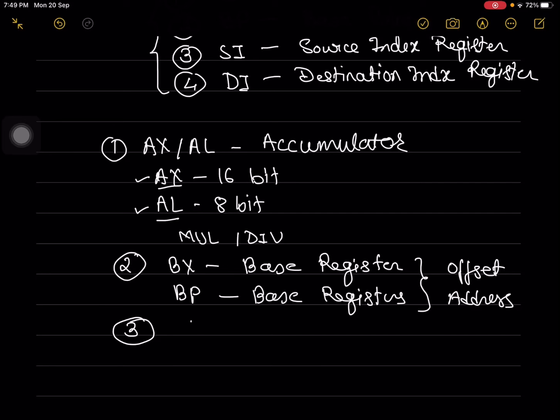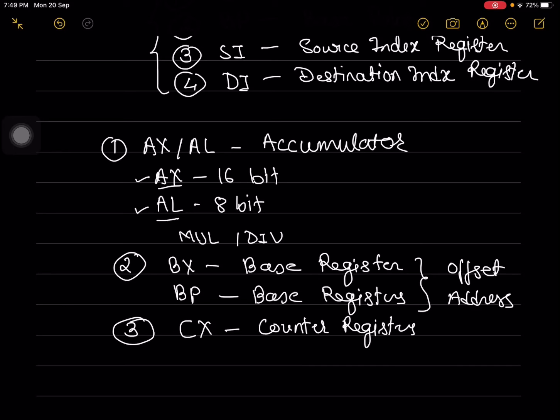The next register is the CX register, also known as the counter register. In some instructions of the microprocessor, the counter register is used to hold the count for loop instructions. Like there are instructions in which we need to perform a loop.